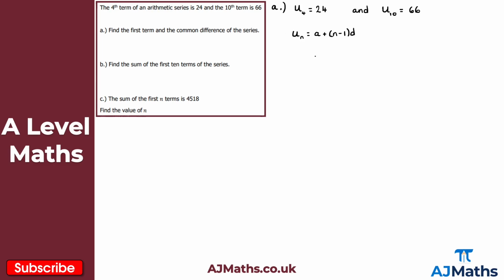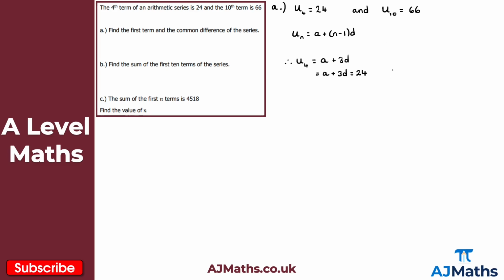So in that case then, for U4, that's equal to a plus, n here would be 4, so 4 minus 1 times d, which gives me a plus 3d. And we know U4 is 24. So a plus 3d is equal to 24.